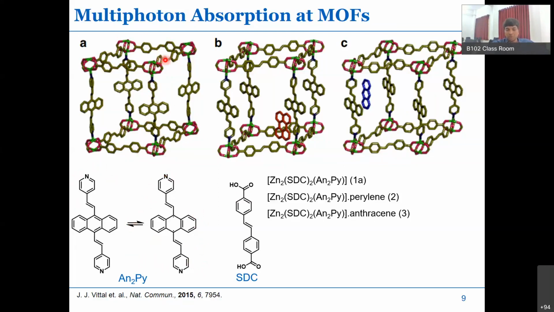Since it's a layer structure which is pillared by these linkers, we call it a pillared layer structure. This is the basic structure and the basic chemical formula.